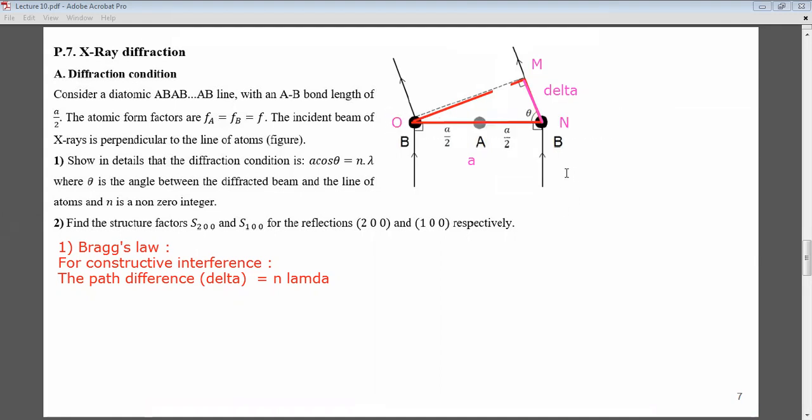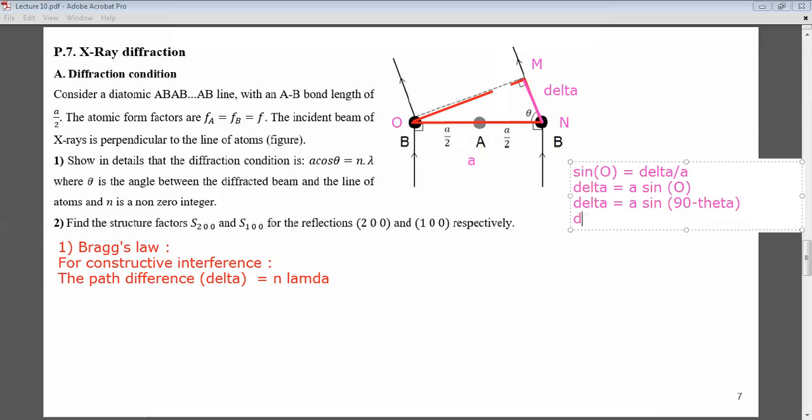We should all agree that sine of angle O equals opposite over hypotenuse. Opposite is delta, hypotenuse is A. So delta is equal to A sine angle O, right? But how much is angle O? If this thing here is theta and this is 90, how much is this angle? Angle O is nothing but 90 minus theta. So delta is equal to A cosine theta.